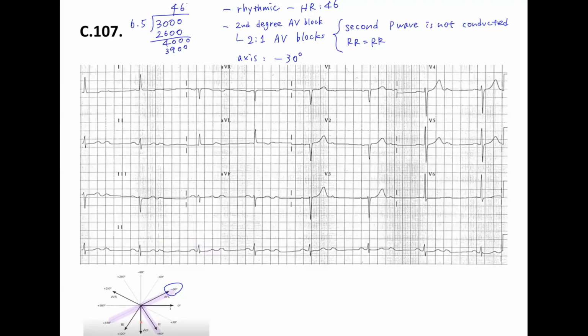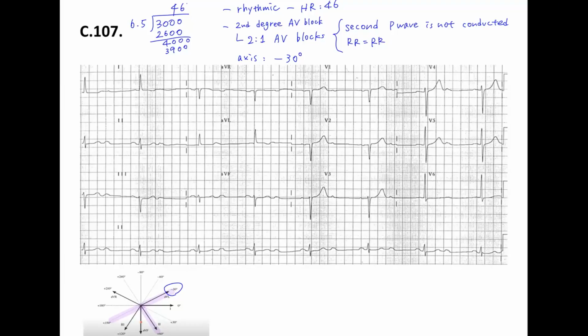And also all the RR intervals are the same, and the axis is minus 30 degrees, because the most equiphasic one is the second lead, and aVL is positive, so I chose minus 30 degrees.